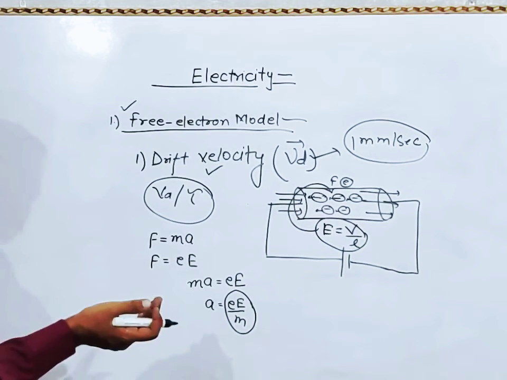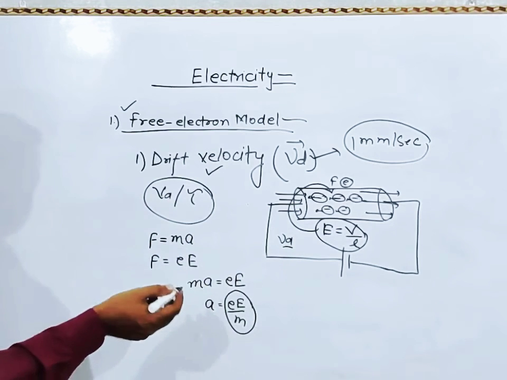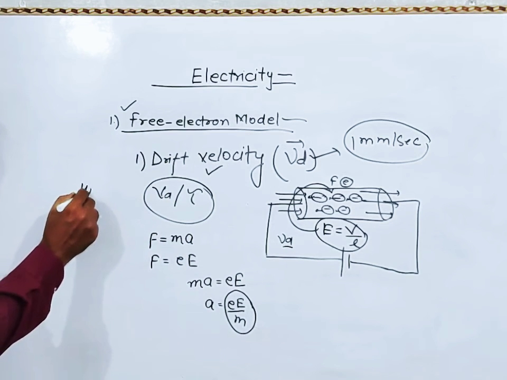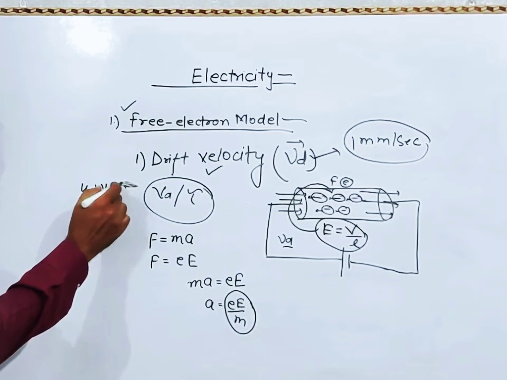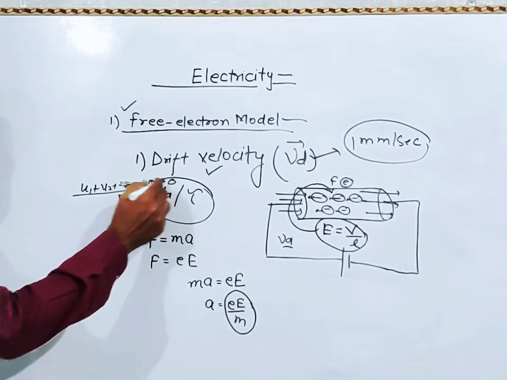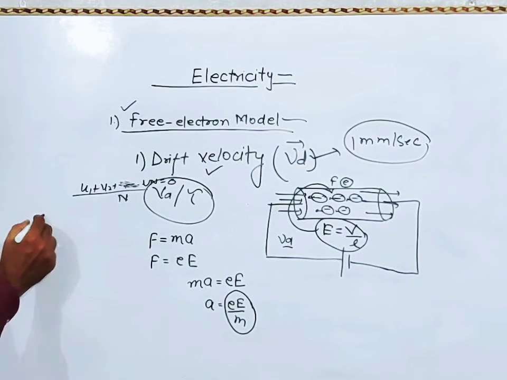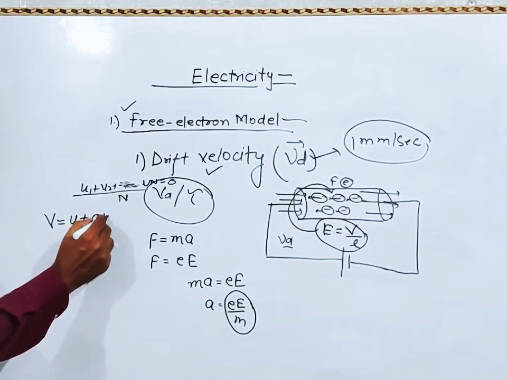Now it is drifting with some velocity, say Vd, and the average velocity हमको पता है कि average velocity इनकी सबकी क्या होती है, and so on, upon n, it becomes 0. So by the first equation of motion, v is equal to u plus at.